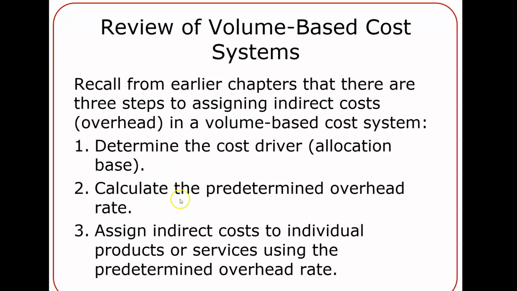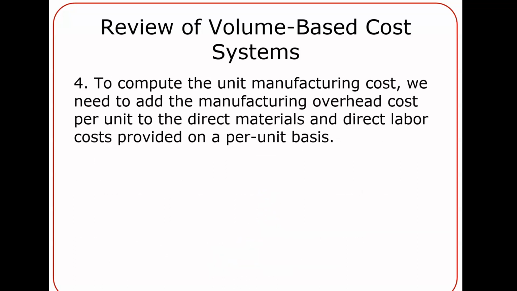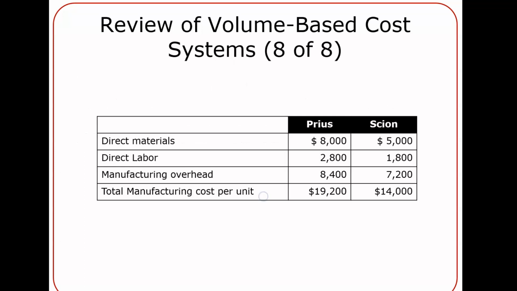And then we calculated the predetermined overhead rate, and then we assigned it to our jobs based on the use of that driver. And if we want to compute a unit manufacturing cost, we just do the same thing, only we do it on a per unit basis instead of in total. So that's just a quick review of what we did.